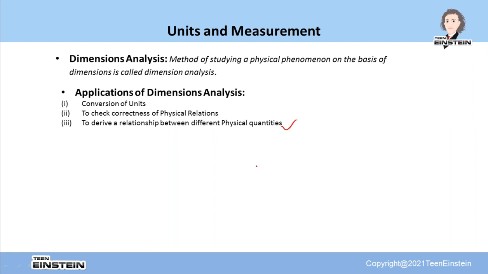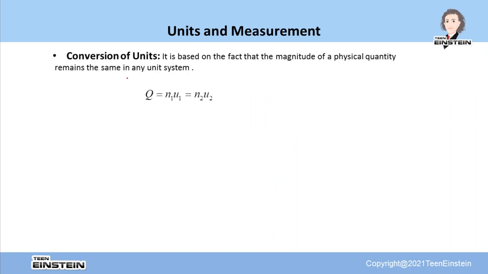We can derive physical quantities in terms of their fundamental dimensions, and that also can be done with the help of dimension analysis. It must be sounding very abstract for you, what I'm talking. Let me take examples of the individual applications, and then it will be very vivid for you.